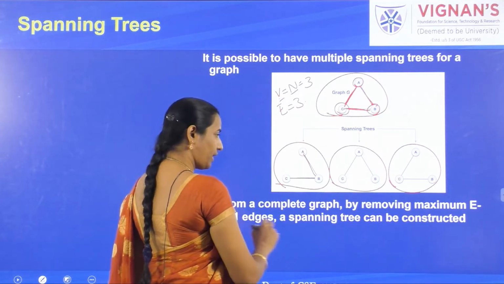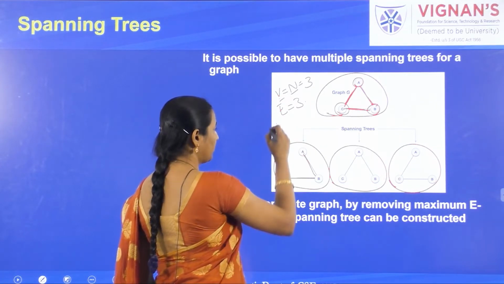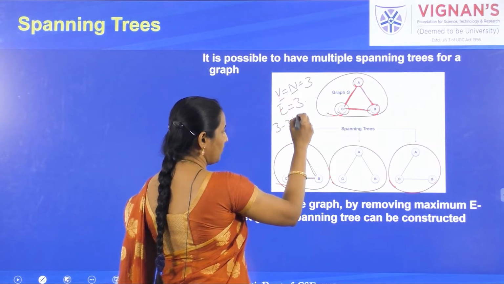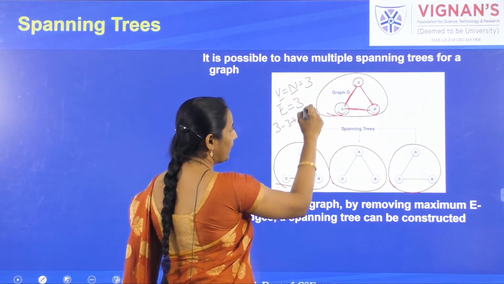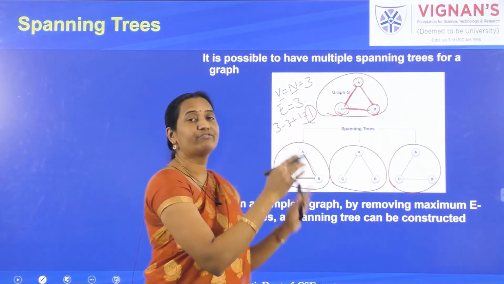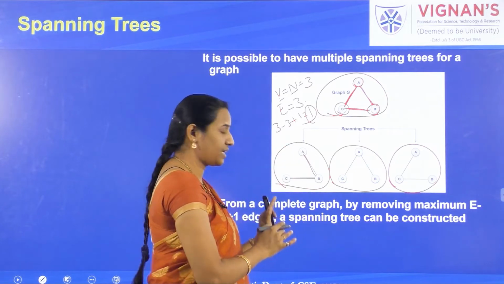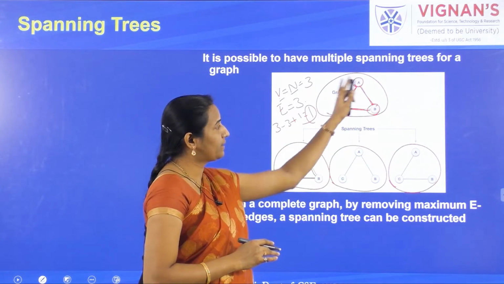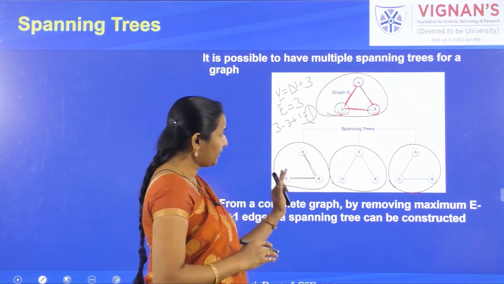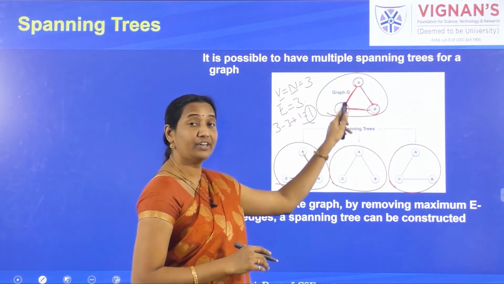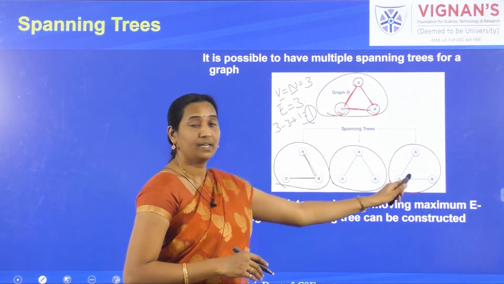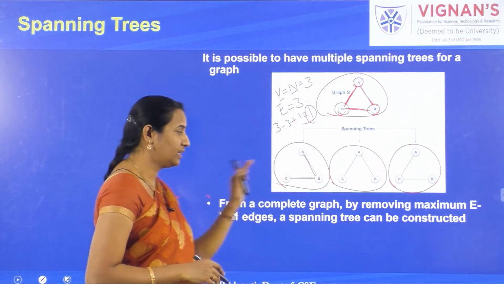If you remove E minus n plus 1, that is 3 minus 3 plus 1, so if you remove at most one edge from this graph, then it forms a spanning tree. In this example, a complete graph with 3 nodes, if you remove any one of these edges, then you can design a spanning tree for the given graph.